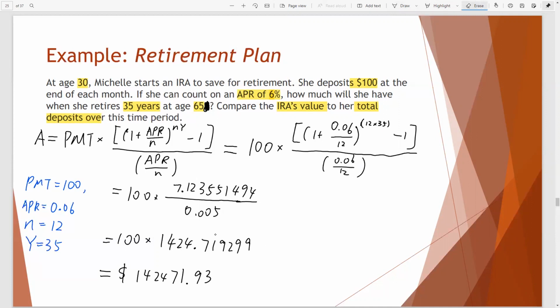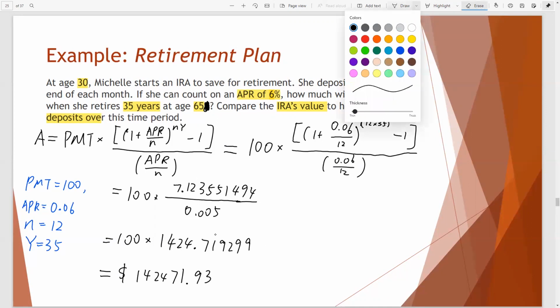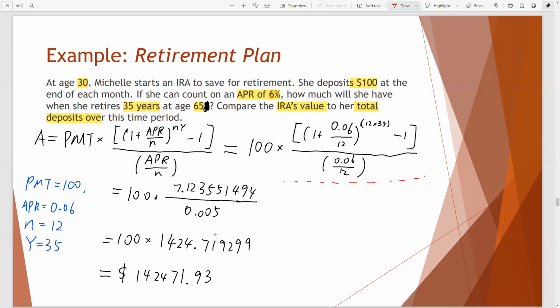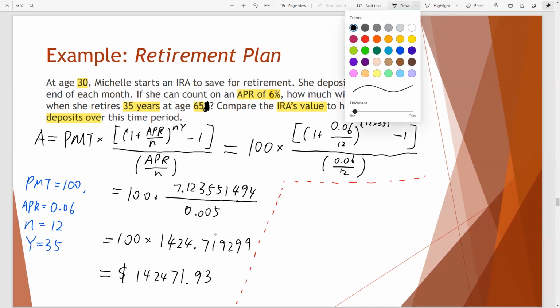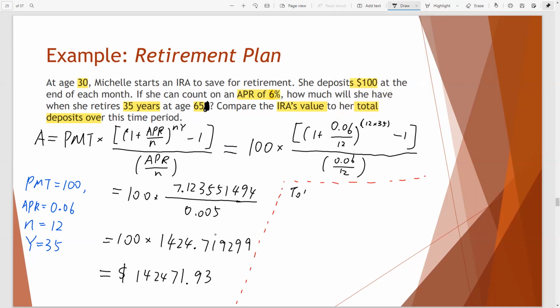But that's not everything yet, right? What the question also asks is not only the IRA value, but also the total deposit. Total deposits, that's the fixed amount of deposit.